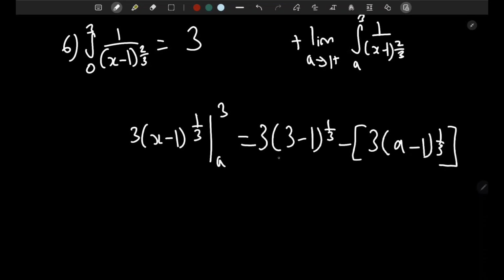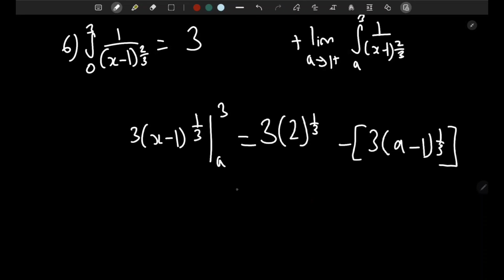Now we can simplify this part first. It's going to be 3 into 2 to the power of 1 over 3, minus, now let's take the limit as a approaches 1 plus. Let me erase this and write it here.